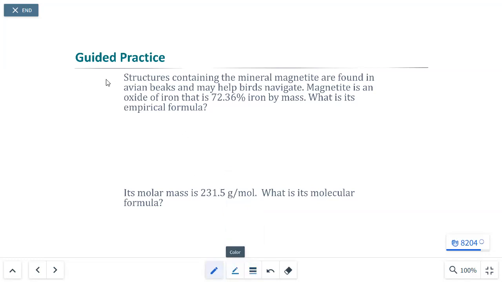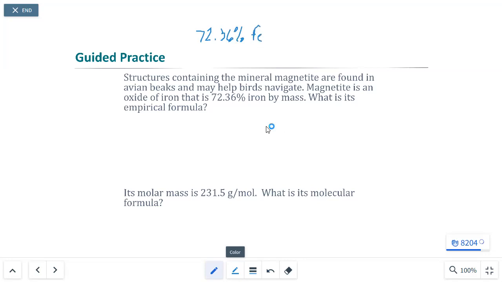So what we need to do first and foremost is look at this and again break it down into our percentages. So we are told this is 72.36% iron.